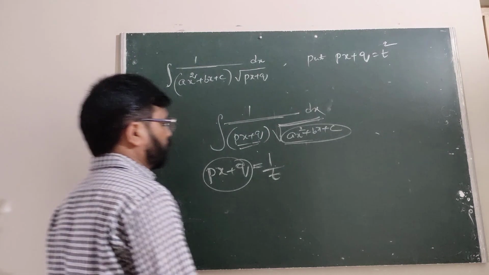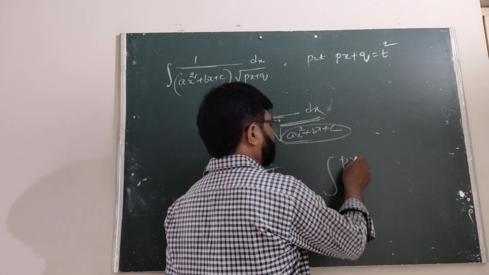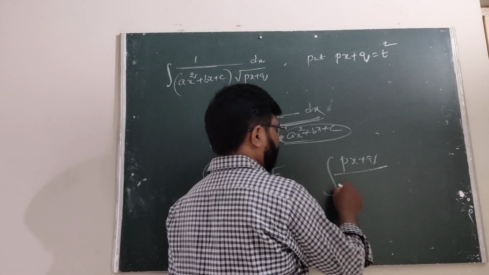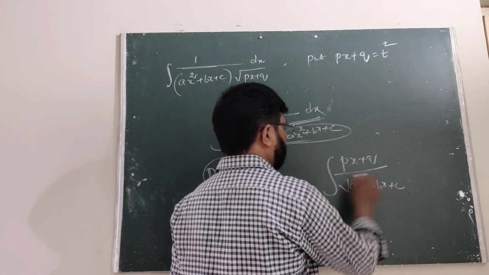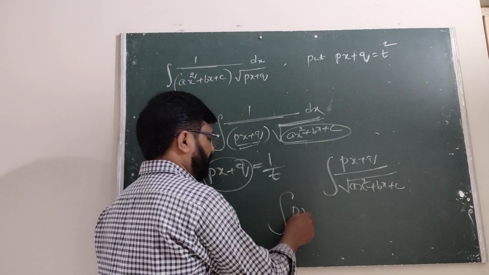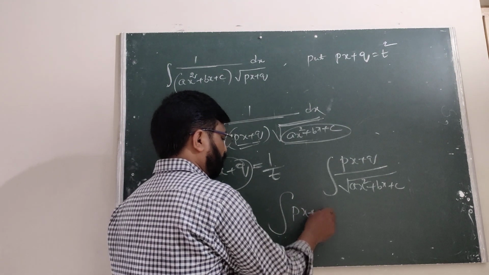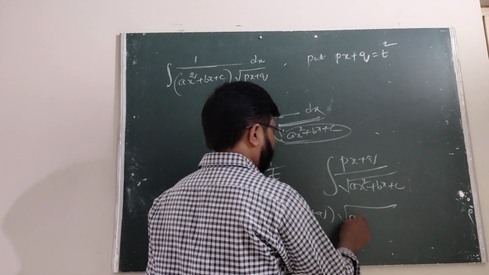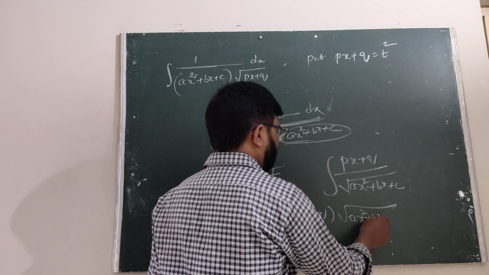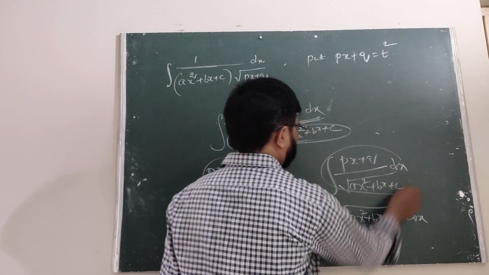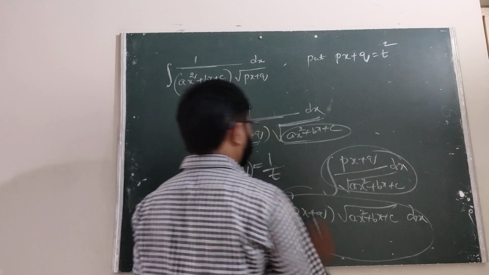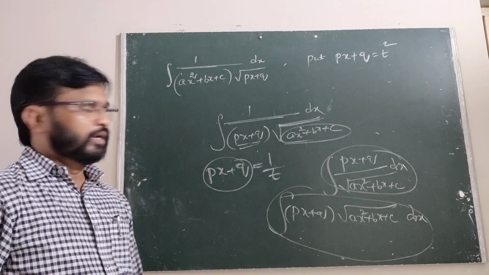Therefore, suppose we have (px plus q) upon under root of (ax square plus bx plus c), or (px plus q) into under root of (ax square plus bx plus c) dx. So these are type 4 and type 5. How to evaluate these types?